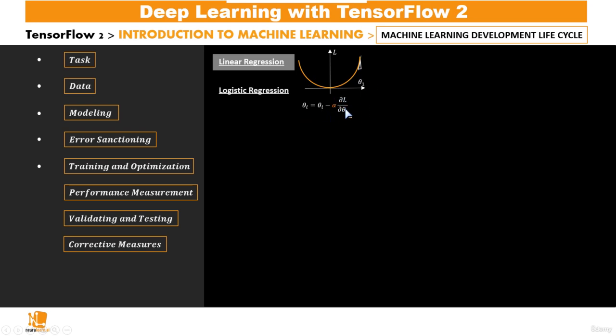So actually, this term permits us to go a step towards the direction of the minimal value, or towards the direction which will minimize our loss L. Say we've done this and we've moved from this point to this other point. We've done this because of this gradient descent step.